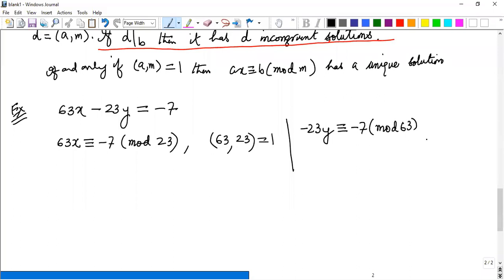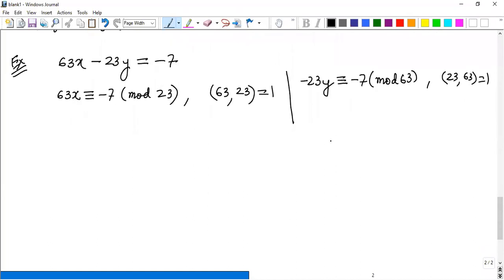Here we also have the GCD of 23 and 63 is 1, which divides -7. So this linear congruence is also solvable. So let's solve the first linear congruence.